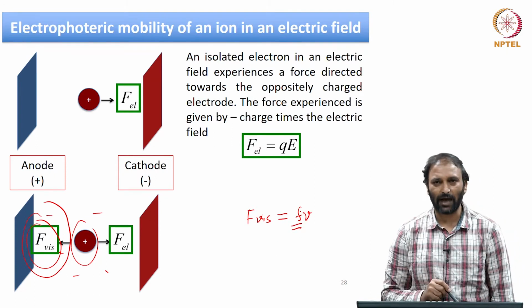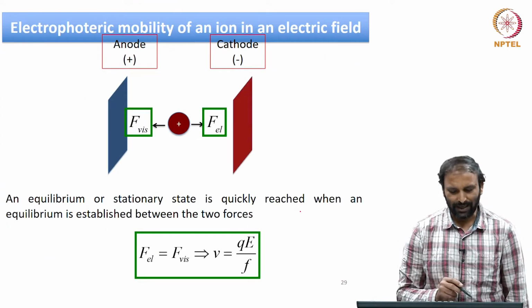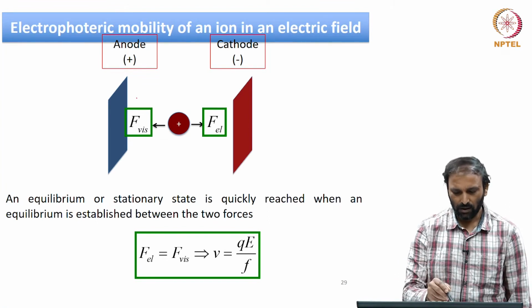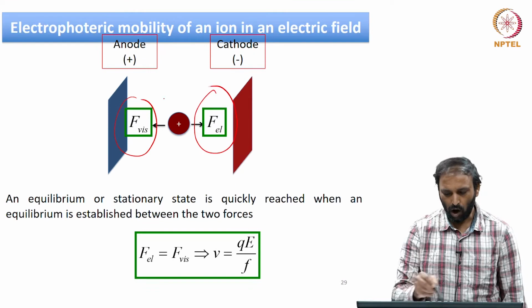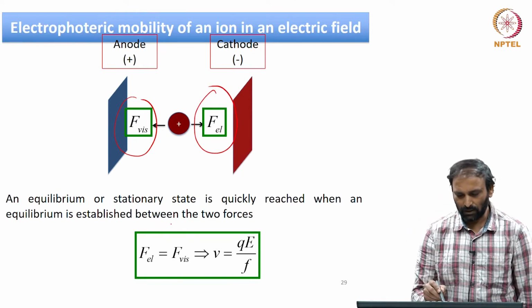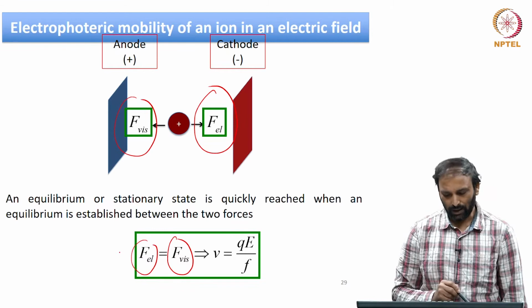the isolated ion is moving, and soon an equilibrium will be set up between the two forces that are acting on the isolated ion. That is established when the two forces acting on the species are equal.